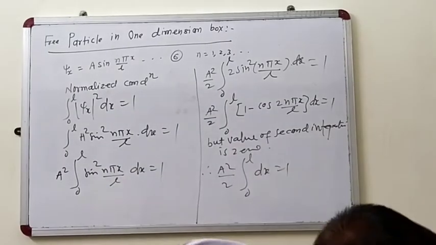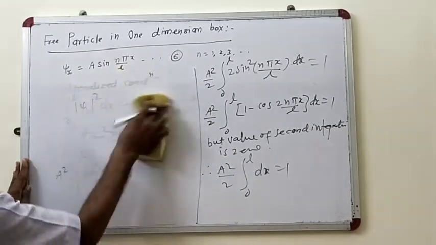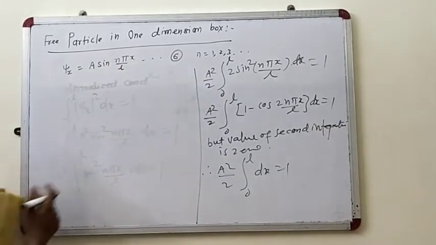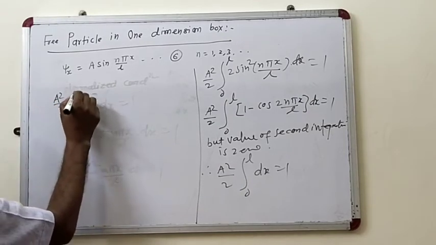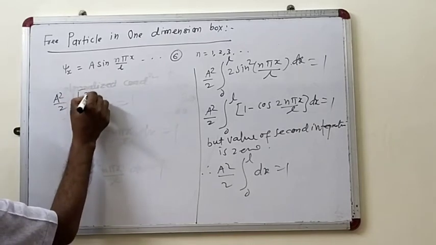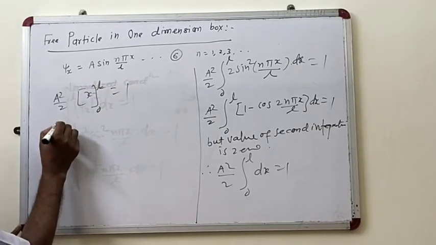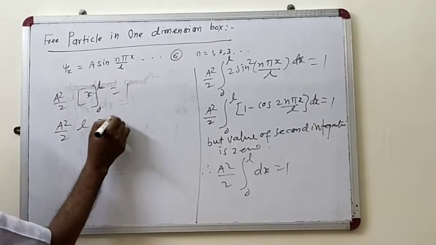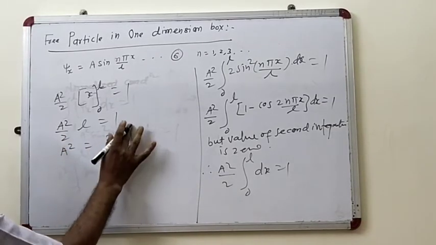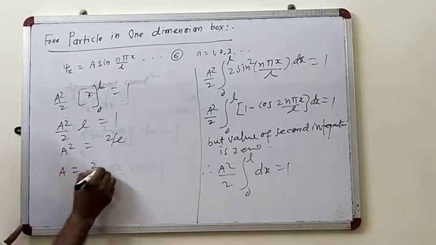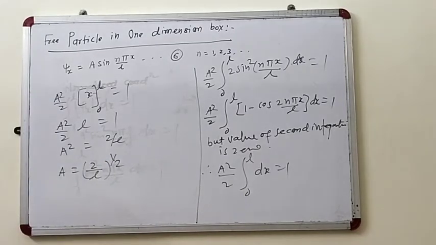That is, A^2/2 times x from 0 to L is 1. That means A^2/2 times L is equal to 1, so A^2 equals 2 by L, and A equals (2/L) to the power half. This is the value of the constant A.